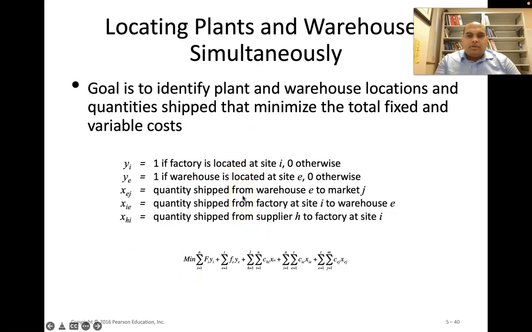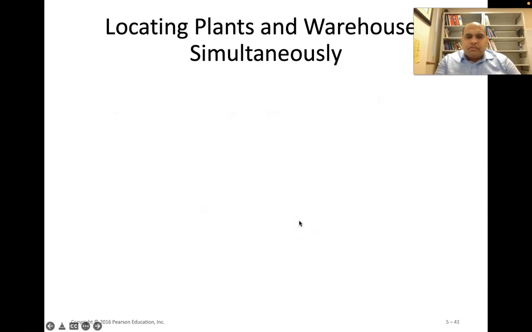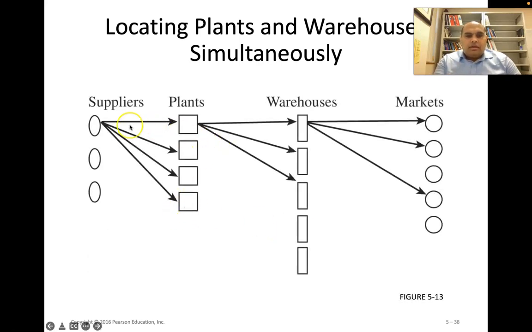And the simplest way to think about them is, if you look at the picture that we had before, you'll notice that there are arrows going out of the suppliers, arrows going out of plants, and arrows going out of warehouses, which tell you how the items are going to flow. So every potential arrow that you have is a decision variable.